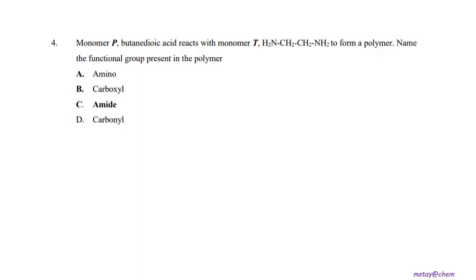Question 4. A monomer butanedioic acid, and another one is a monomer T with no name given, but we can see there is an amino group. Butanedioic acid means that they will have COOH. So very obviously we can see a carboxyl group and an amino group, similar in structure to amino acid.